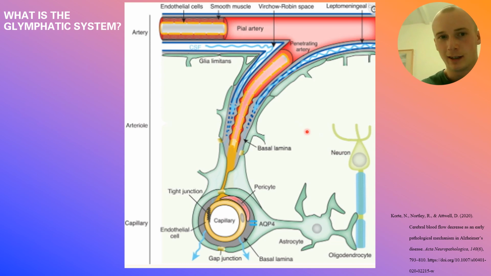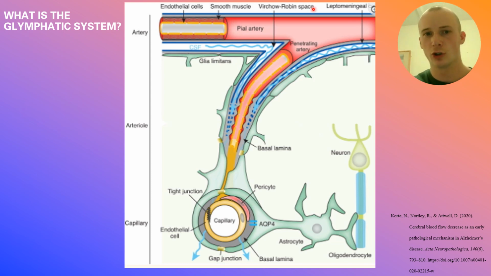But it's what happens next that's often debated in a lot of these papers, and is a bit more complicated really. So now that all these waste products have been flushed out with the cerebral spinal fluid, it enters the dural lymphatic vessels.